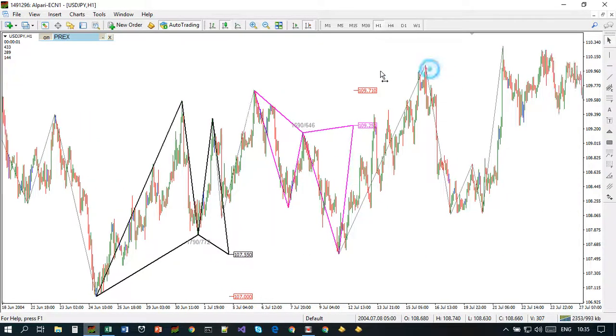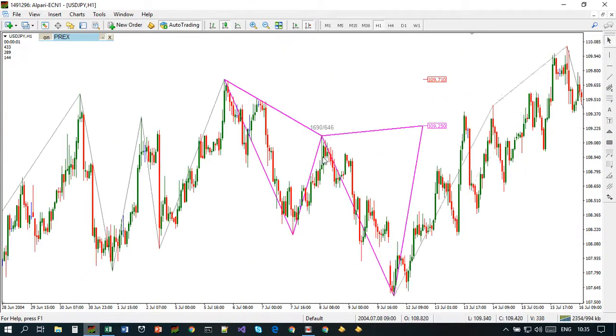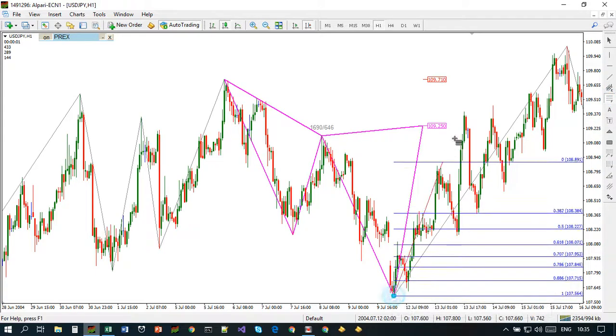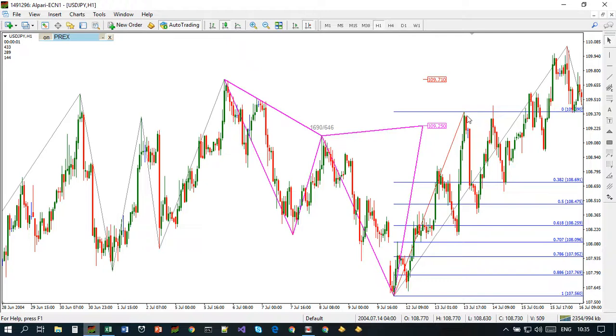So we continue next. A cipher pattern. This one. We have initial reaction, then we have a test, close below, and then we have second reaction. On dollar yen we exploit second reactions.